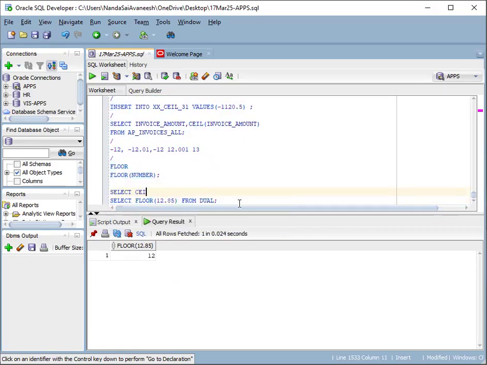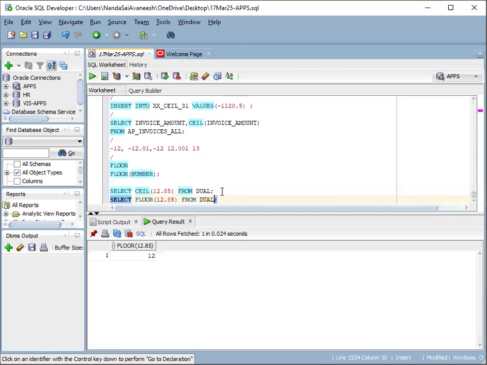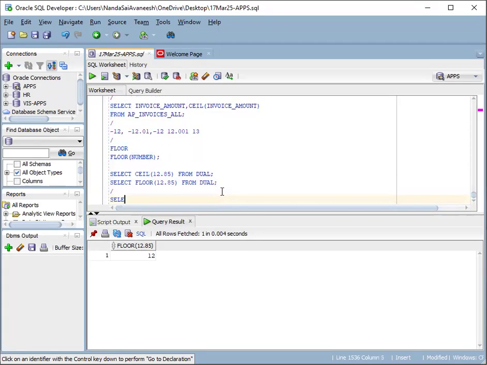Select ceil of 12.85 from dual and select floor of 12.85 from dual. What is the difference you will get here? This is the floor. Ceil means I am getting 13. Floor means I am getting 12. So I will use both in the same query to understand.